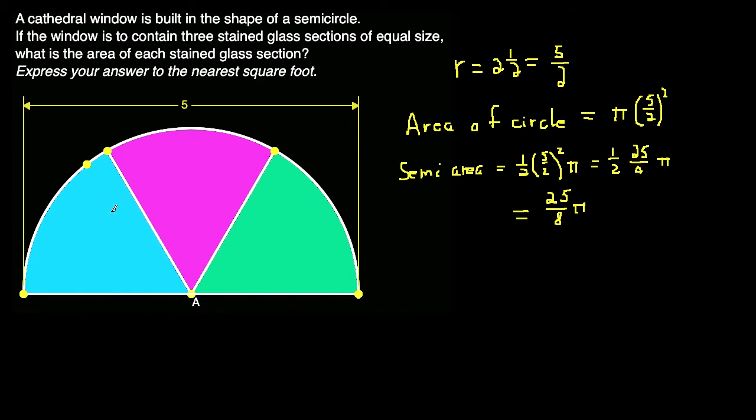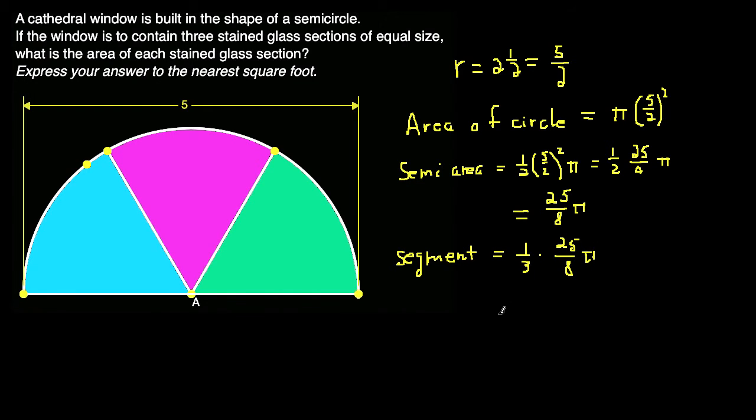And the area of each segment is equal. So each one of these is a third of the area of the semicircle. So the segment area is 1/3 times 25 over 8 times pi.